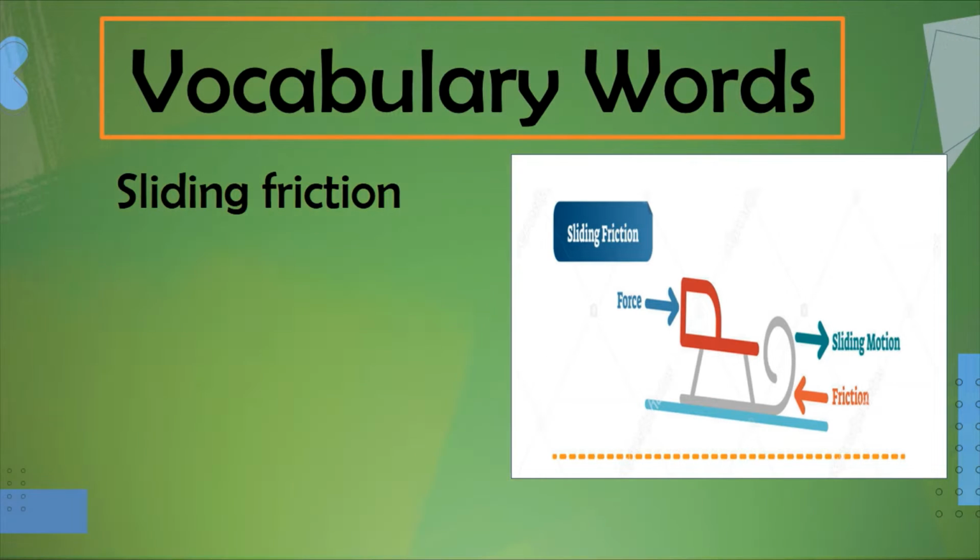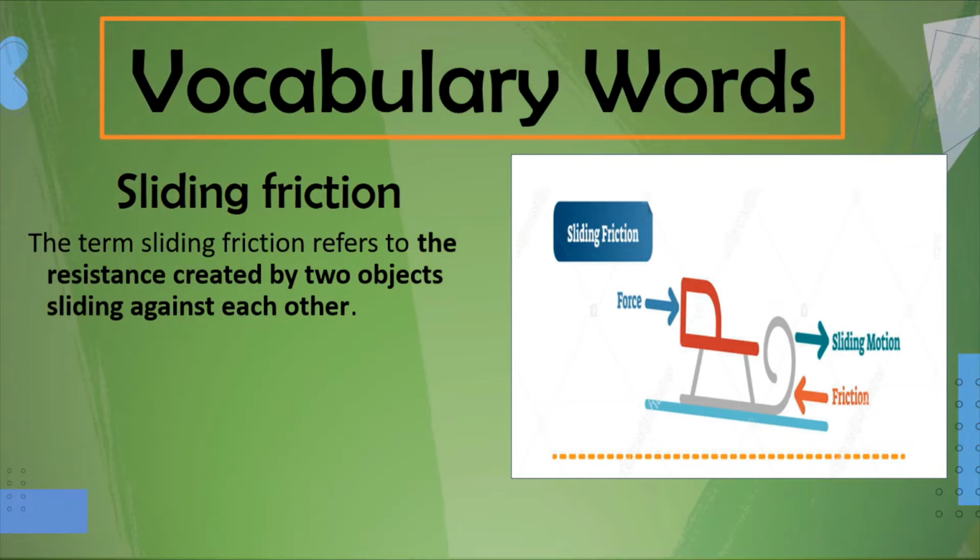Sliding friction. The term sliding friction refers to the resistance created by two objects sliding against each other. The one you can see in the picture is a sleigh, like you're familiar with, the one where Santa Claus is sitting, and it will slide through the snow, right?